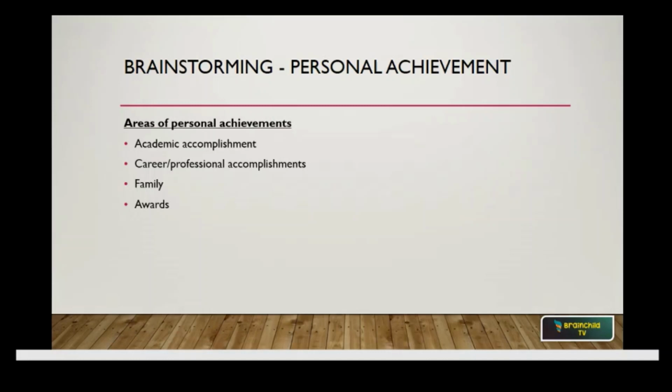So under academic achievements, I would look at, okay, what did I achieve out of school? How did I achieve those things? What do I consider to be a significant achievement out of that? In my career, I'd look at my career path, how I progressed through life and the different careers that I've had, and what was important and what was significant about that.